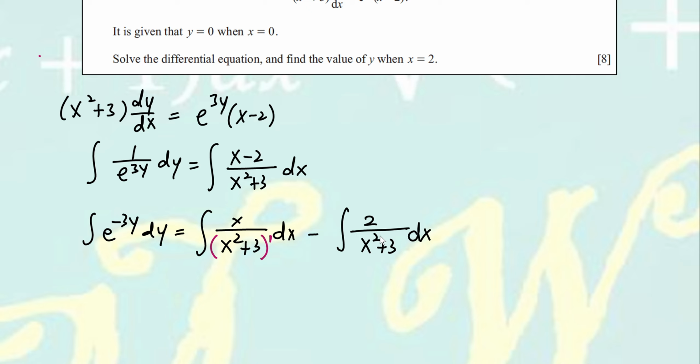Okay, but for the second integration, I cannot use ln because when I differentiate x squared, I will not get a constant. So the second one, you have to use the arctangent because of x squared plus a number. Just for information, we are going to use these two formulas to integrate the right side.